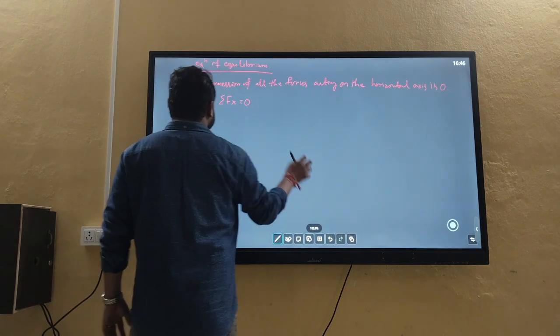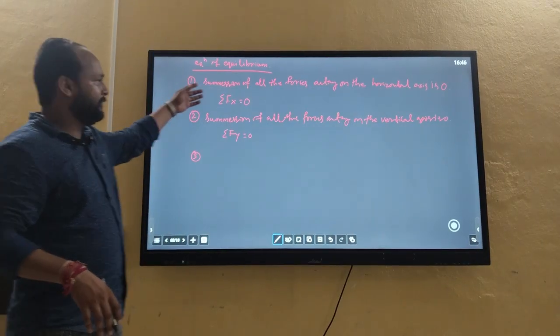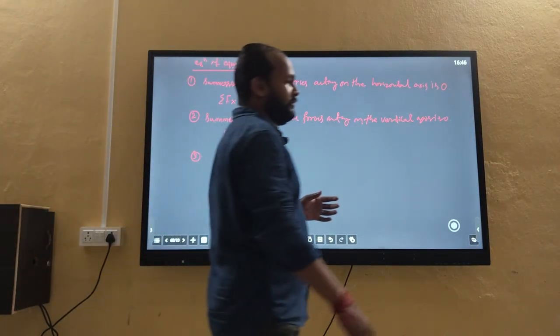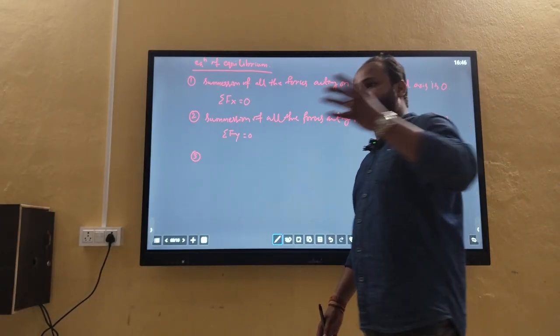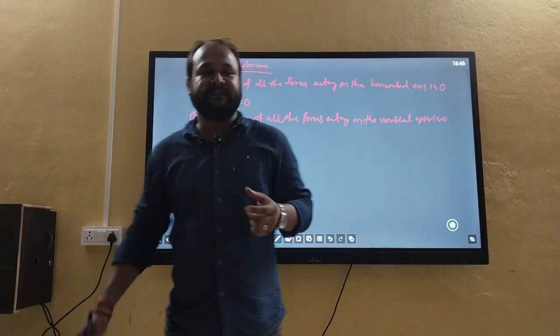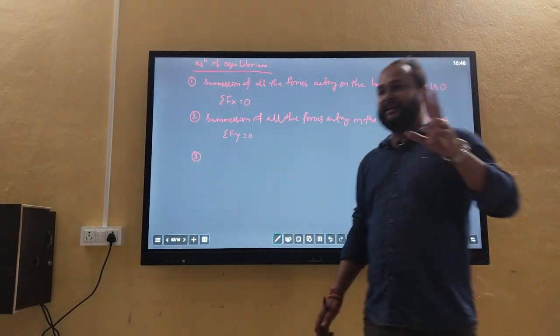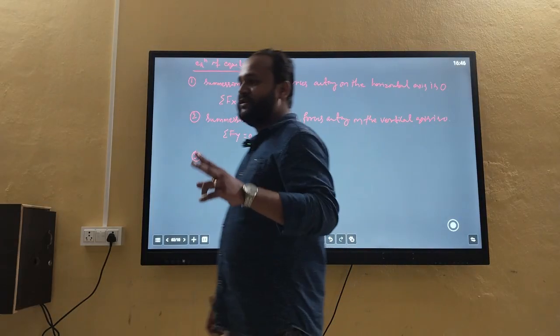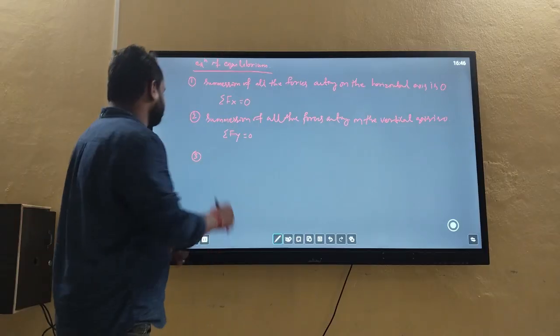And the third one: first of all, we take all the horizontal forces and add them to get 0. After that, we take all the vertical forces to make it 0. Then the third one is the most important, which is the summation of moments at any point equals 0.